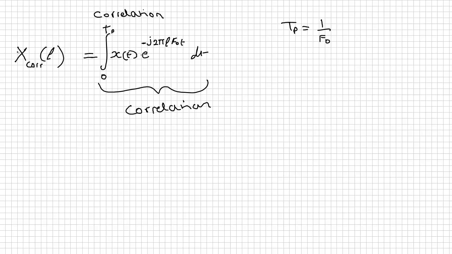We're saying x correlate is a function of L, and when we plug L in here, we are generating a particular harmonic, and the frequency of that harmonic is equal to L times f naught, and we are comparing our signal against this harmonic and then summing the result up to give us our final correlated measure.